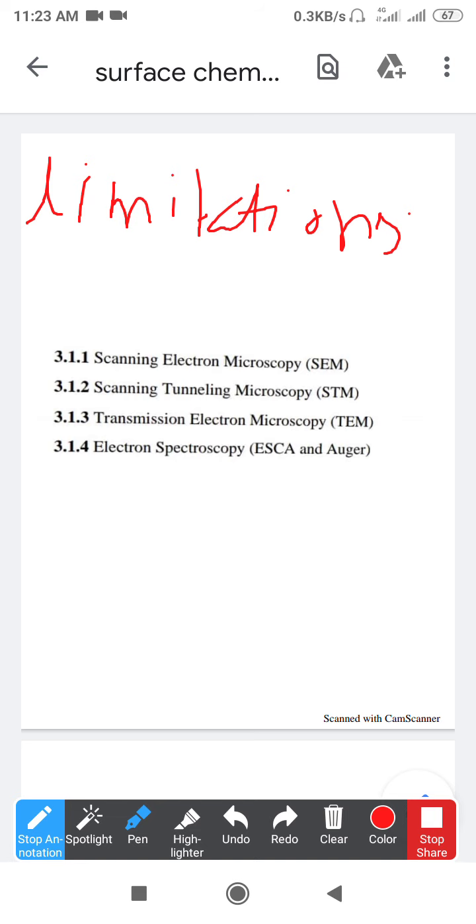Another problem is improper handling of solid surfaces. Suppose we have been given a pure sample and we touch that surface with our hand or some other chemicals. That will also contaminate the solid surface and the problems will increase. The composition of the given solid sample has to be maintained throughout the experiment.